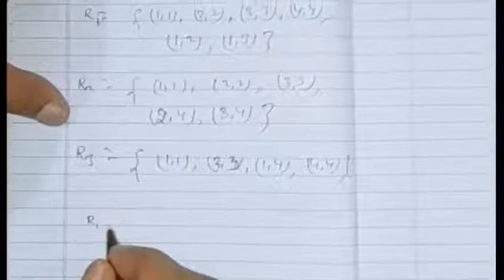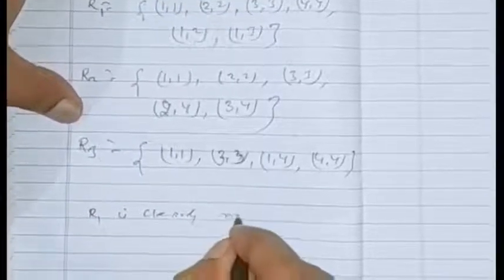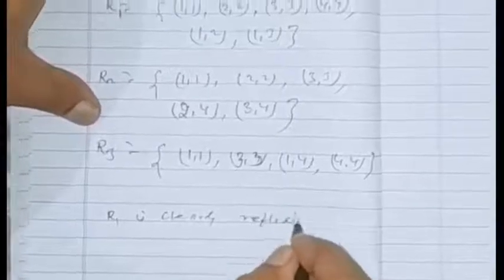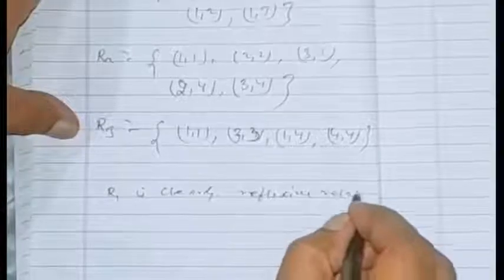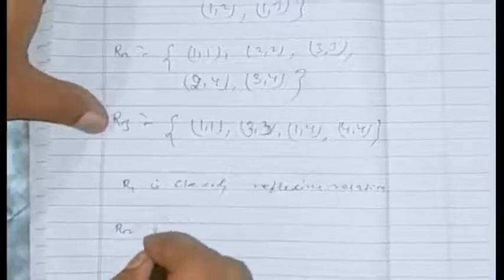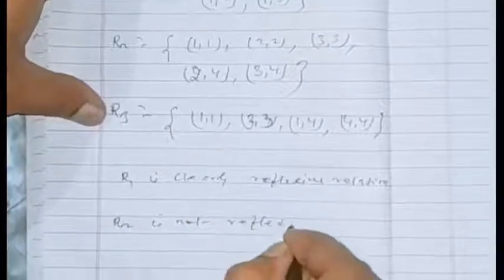R1 is clearly a reflexive relation. R2 is not reflexive. What is the reason behind this?